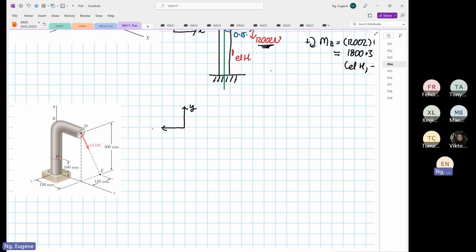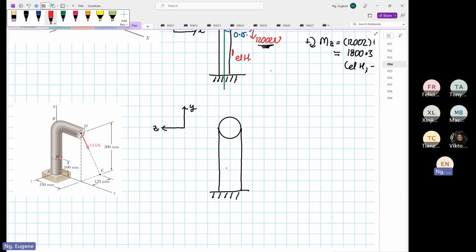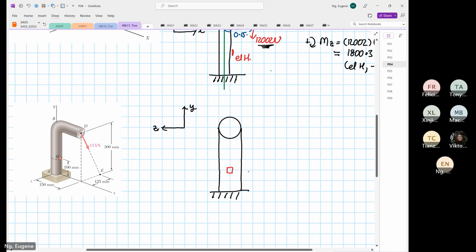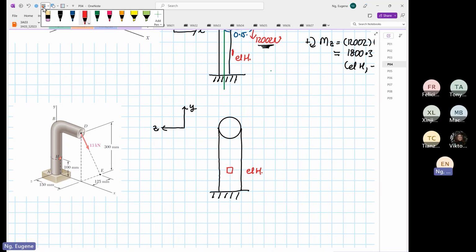This is Y, this is Z. I'm just going to sketch this out. And this is where our element H is. And then we are going to draw our centroid.